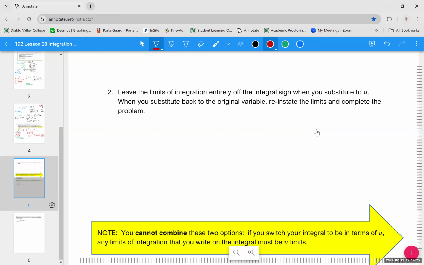The other option, which I told you I didn't really want to tell you about, I'm going to take the same problem. We already did all the work, so I'm just going to copy that down here.